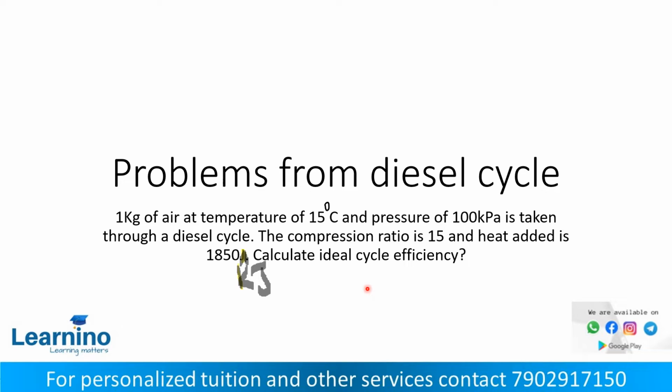0 degree centigrade is equal to 273 Kelvin. Then pressure is equal to 100 kilopascal. Compression ratio is 15, and heat supply is equal to 1850 kilojoule. So calculate the ideal cycle efficiency.